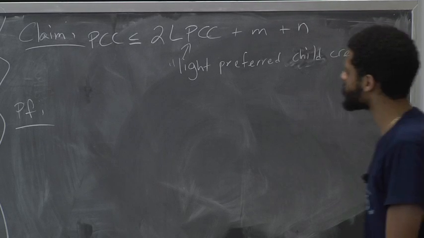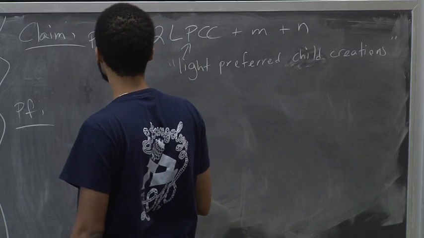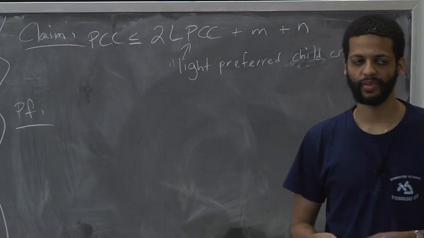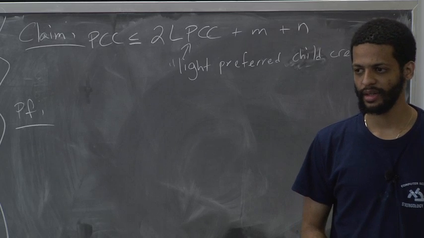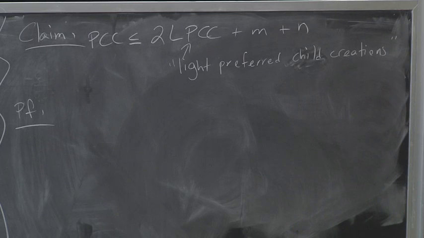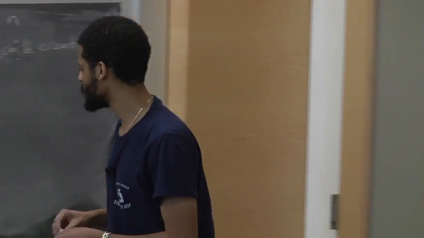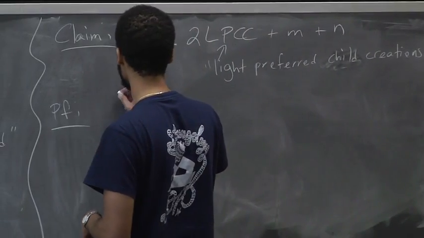So first of all, whenever we create a preferred child, make a new preferred edge, that new creation of this preferred child is either a heavy creation or a light creation, right? So I just want to make sure we're all on the same page here. So here's the root.